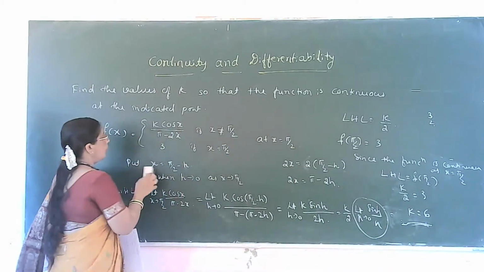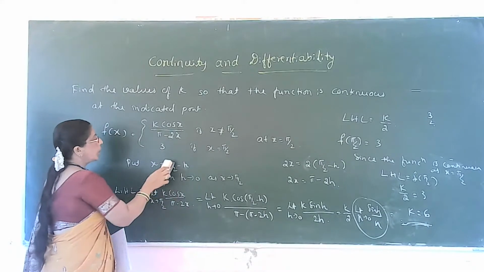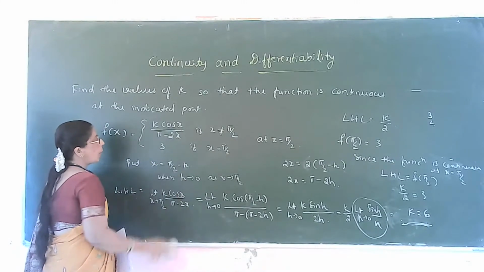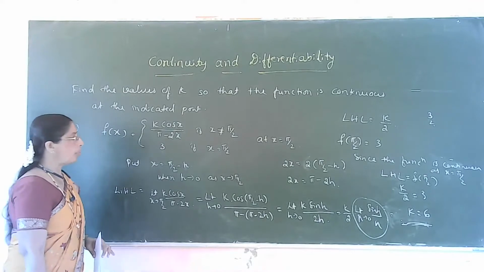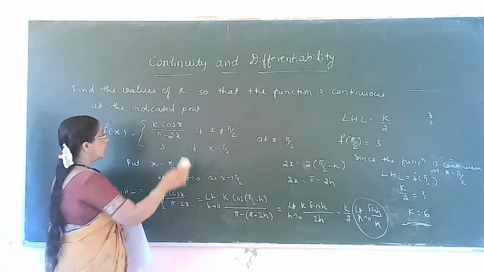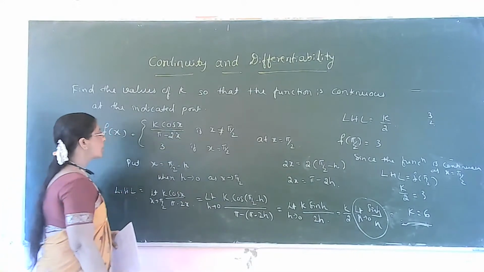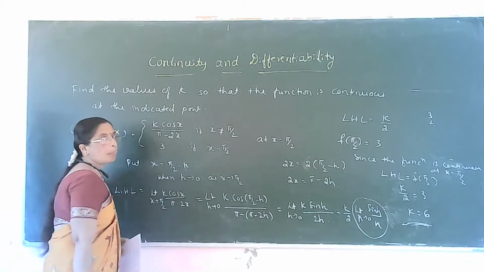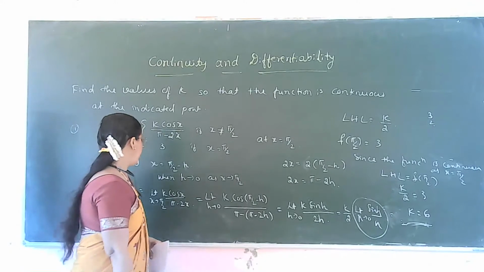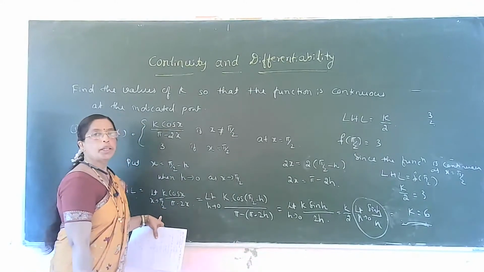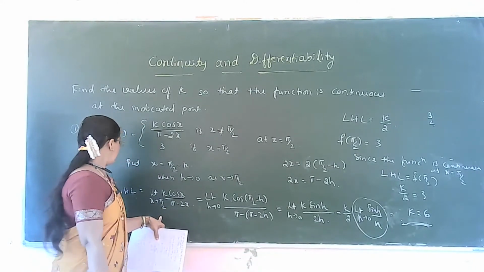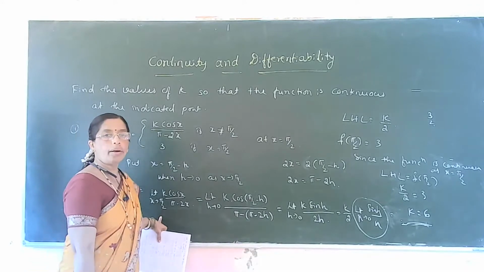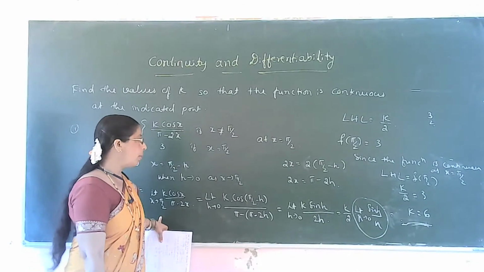First, we have to put x equal to 5 by 2 minus h or 5 by 2 minus theta, so that we can solve the problem easily. First, find the limit of the function, LHL or RHL, the same.